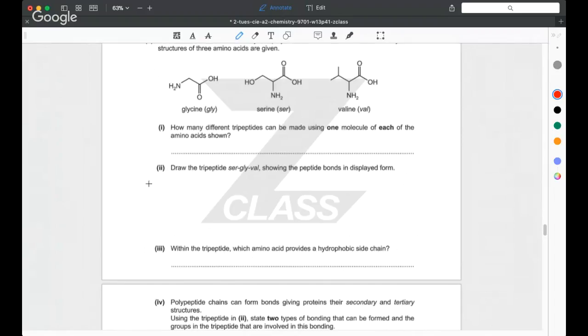The core structure is the amine group joined to a carbon, which is joined to a carboxylic acid group. And because that carbon in the middle needs 4 bonds, there's always a hydrogen. So that's the common pattern for all amino acids, with some group here that distinguishes one amino acid from all the others.